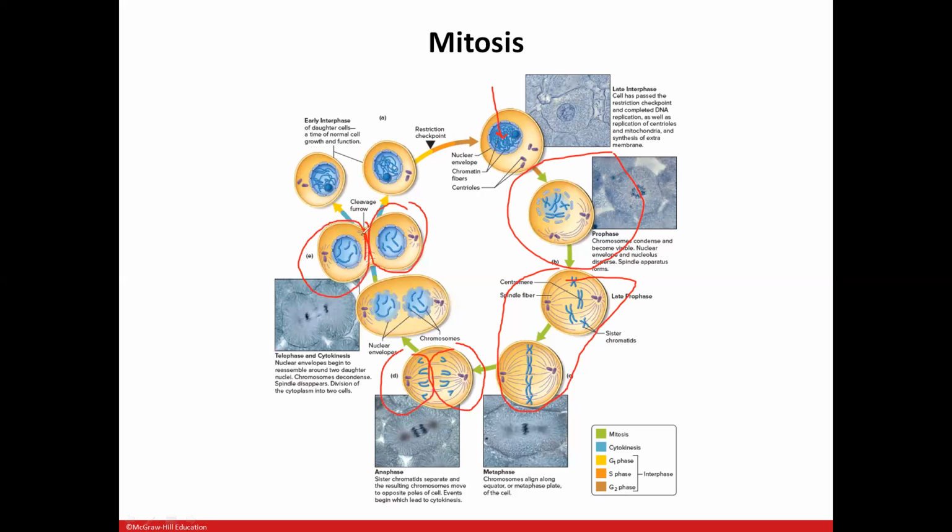They're just joined at this little cleavage furrow. And then finally, what will happen in the cytokinesis is they will actually separate, being two identical daughter cells. So like I said, I won't be testing you specifically on each individual piece. I just sort of want you to have a general understanding of what's taking place in the cell cycle.